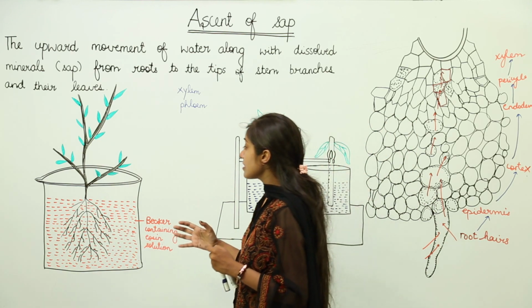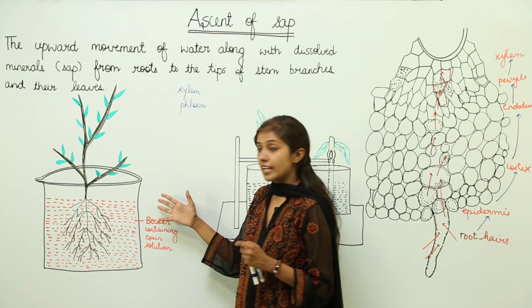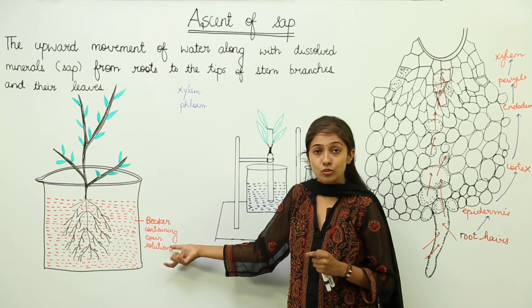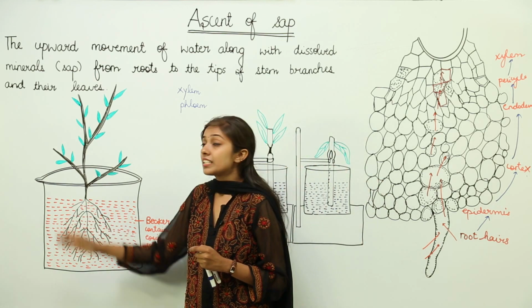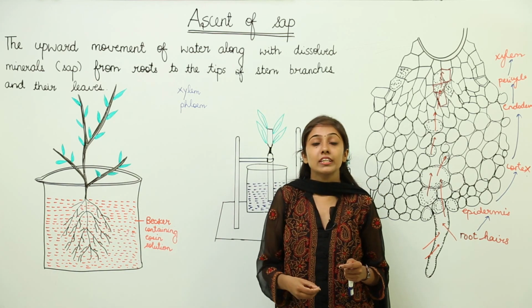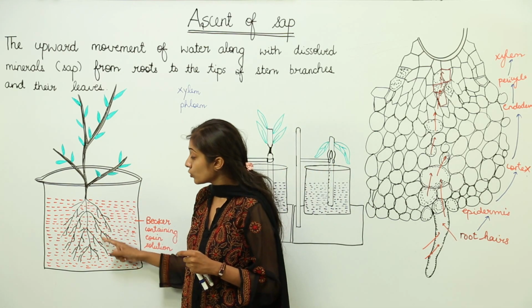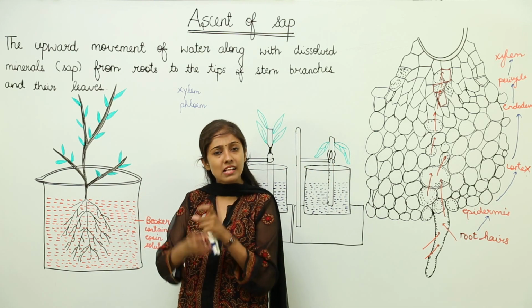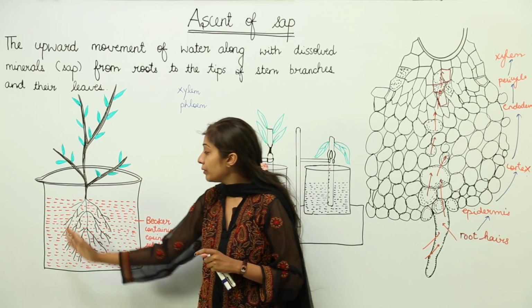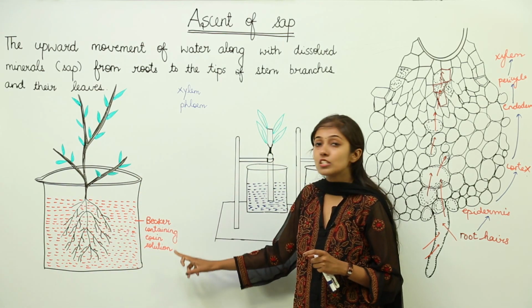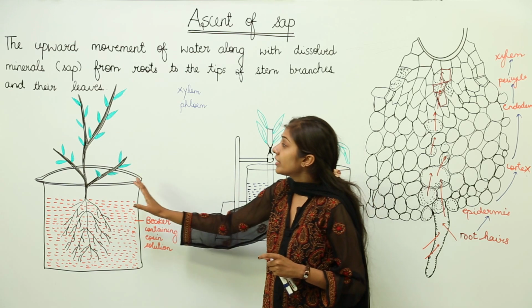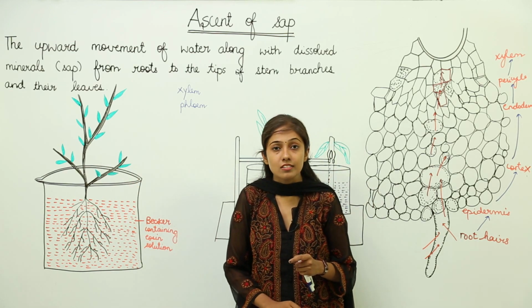For example, this is the eosin test, eosin being a dye. Just take a beaker, take a freshly uprooted balsam plant, in which you can see the roots and the root hairs are intact. Put that balsam plant into a beaker containing eosin solution. Leave it undisturbed for 3 to 4 hours.